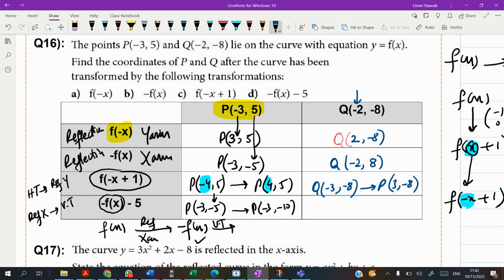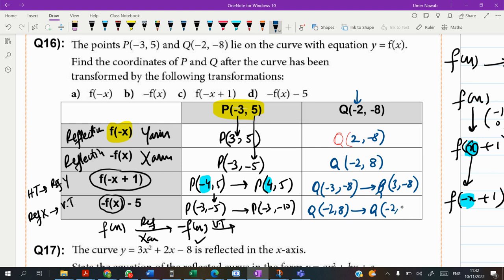Last one, which I have shown here, I did the reflection first about the x-axis, so the y coordinate changes the sign, so -2, 8, guys. And then after that, I go with the vertical translation. I go 5 down, so 8 minus 5. When I go further down, I will stop at -13.